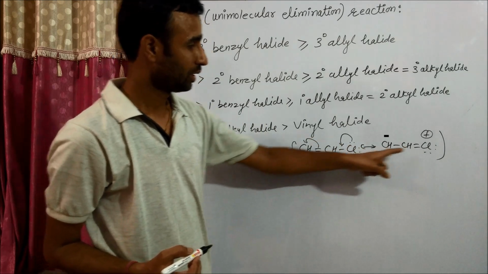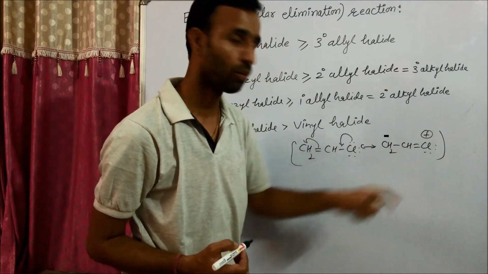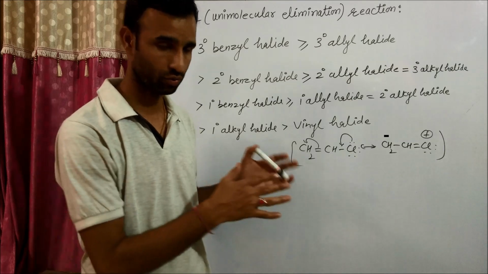The chlorine and carbon bond has double bond character due to resonance.